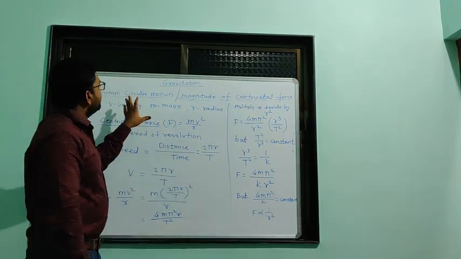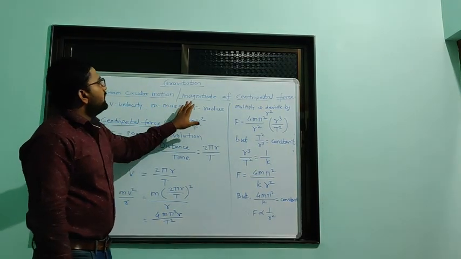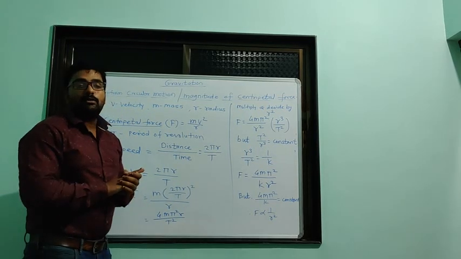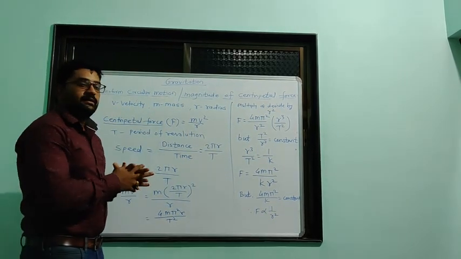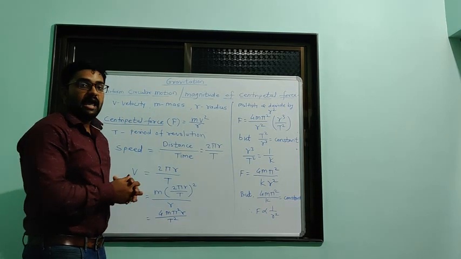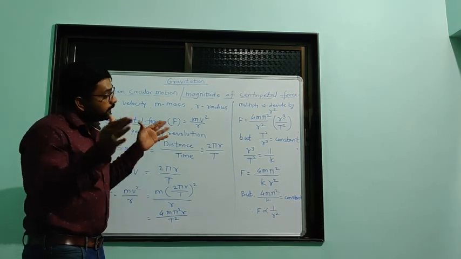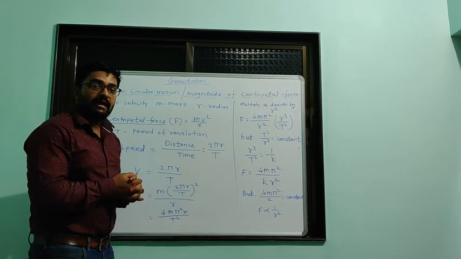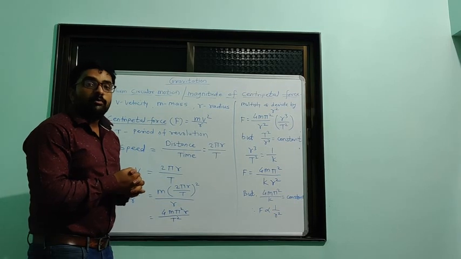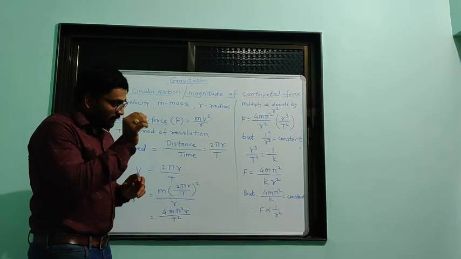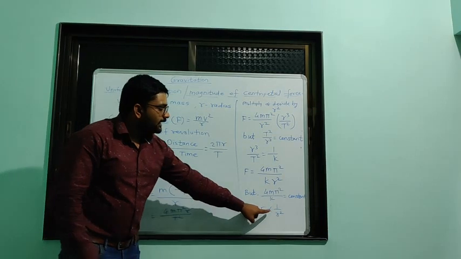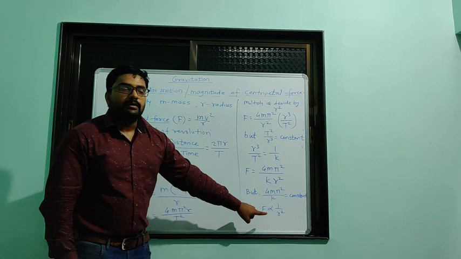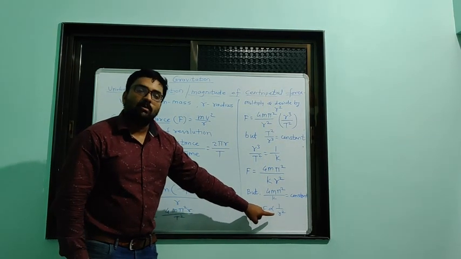So by using uniform circular motion and the magnitude of centripetal force, Newton studied Kepler's third law. And from studying centripetal force, Newton concluded that centripetal force is nothing but the attractive force between two objects, that is the sun and the particular planet, and this force is inversely proportional to the square of the distance between the sun and the object.